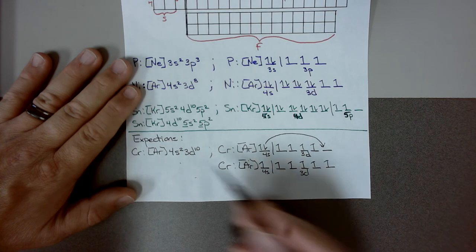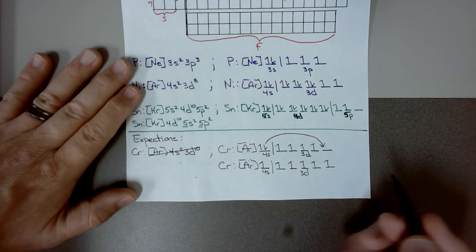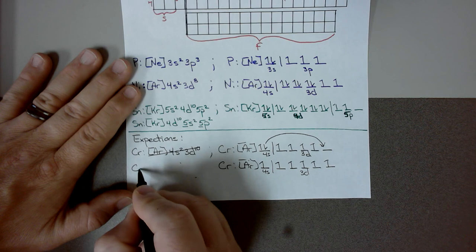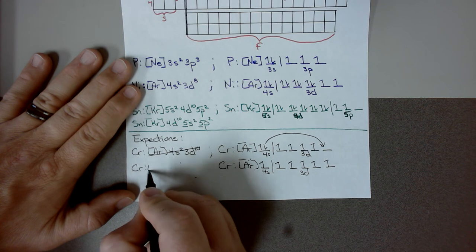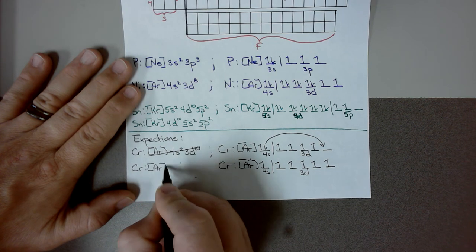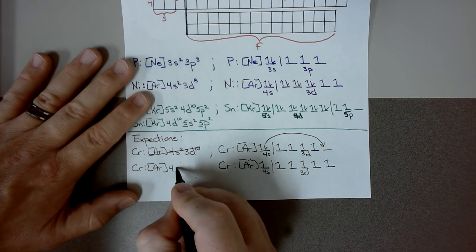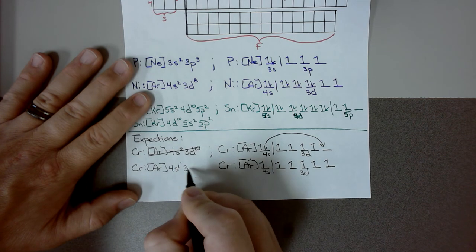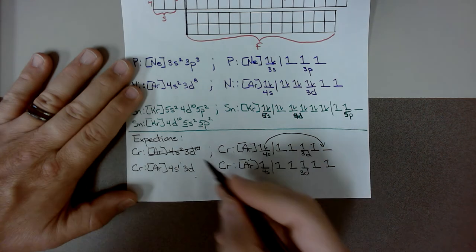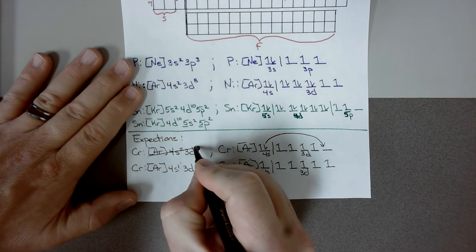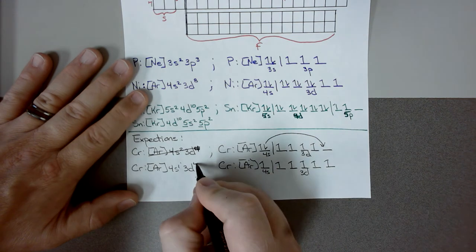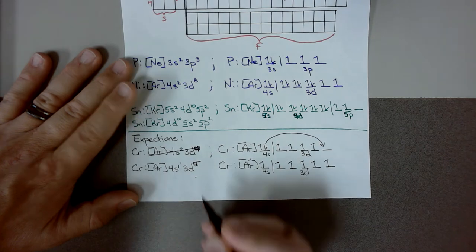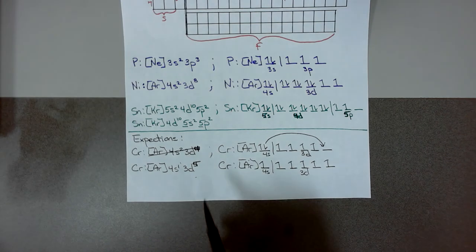And so this is incorrectly written, and the way I would do it correctly is chromium with argon, and that would be 4s1 3d. I said 10 up here and I meant 4 here. Dang it. I'm making quite a few mistakes. I may have to redo this video. Anyway, so there's 4s1 3d5.